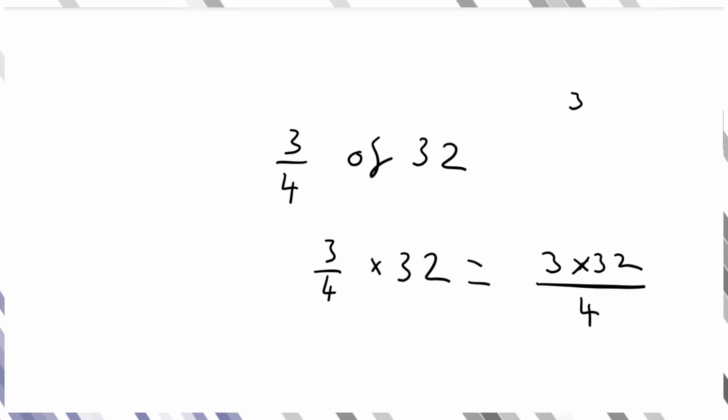So if we think of the fraction 32 over 4, they're both even numbers. We could halve them both. We could make it 16 over 2. So then we can rewrite this as 3 times 16 over 2. So you can simplify just that bit when it's times. This only works when it's multiplication or division on the top or the bottom of the fraction. If it was plus 3 over there, then it wouldn't work.